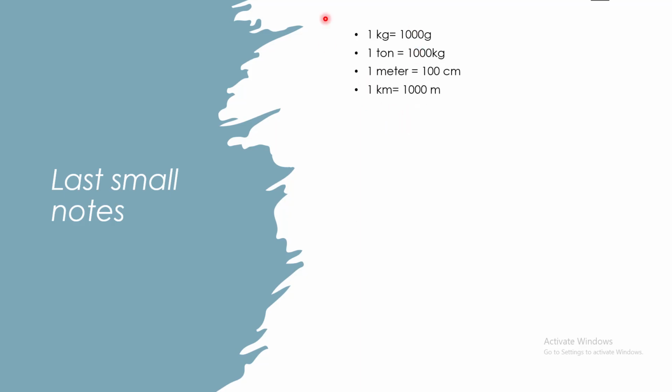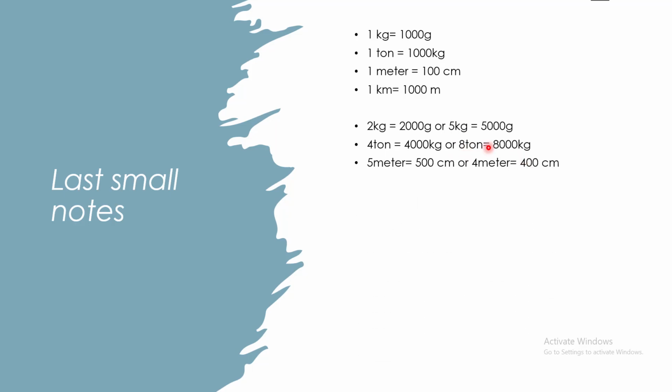And in the same manner, as we will see right now, if we say that 2 kilograms, this will be equal to 2000 grams, or 5 kilograms will be equal to 5000 grams. And for the tons, if we have 4 tons, then this will be equal to 4000 kilograms, or 8 tons will be equal to 8000 kilograms.